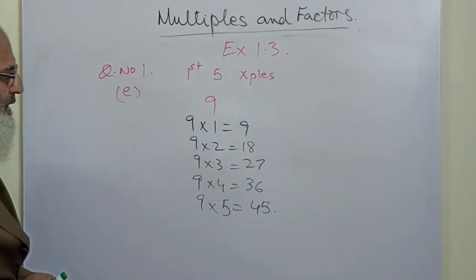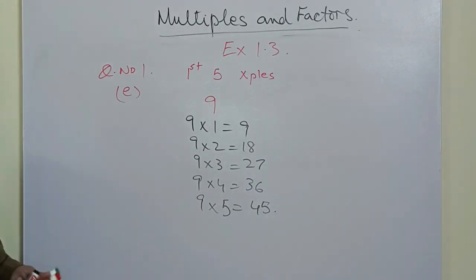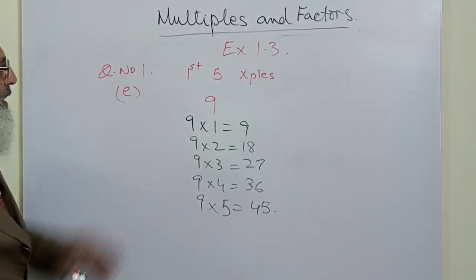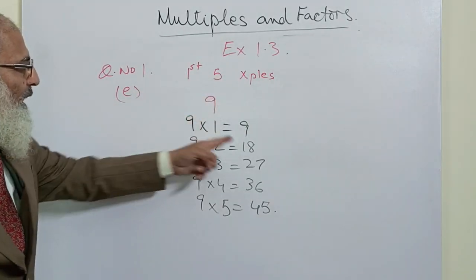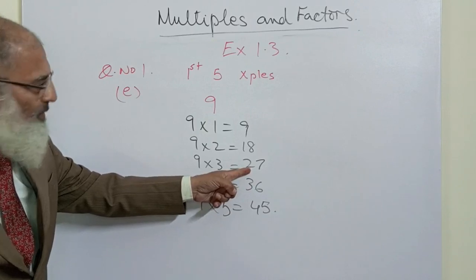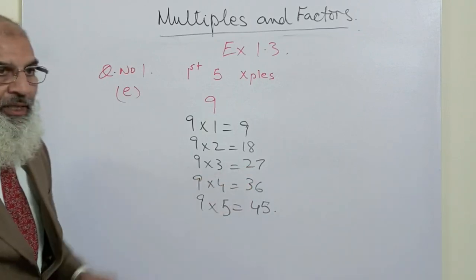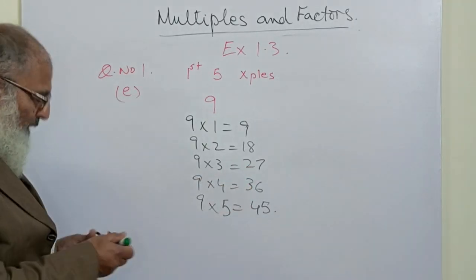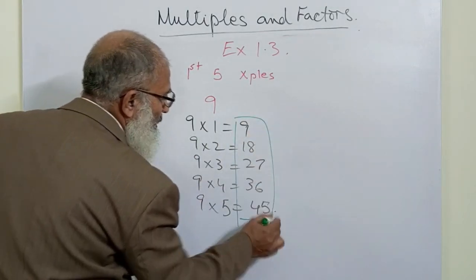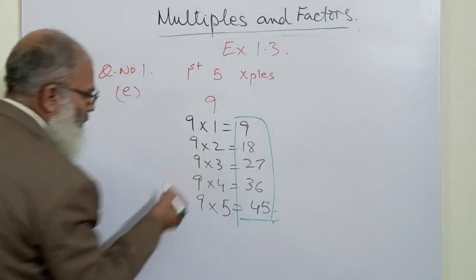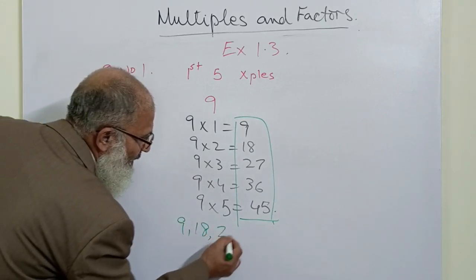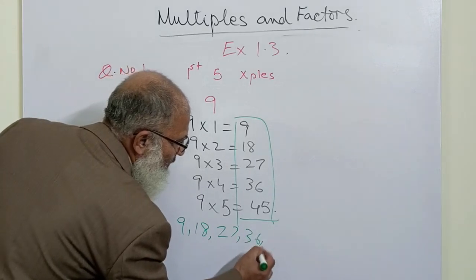So this is a very easy question, and we have found that the first 5 multiples of 9 are 9, 18, 27, 36 and 45. So this is our answer. You can write it in this form also: 9, 18, 27, 36 and 45.